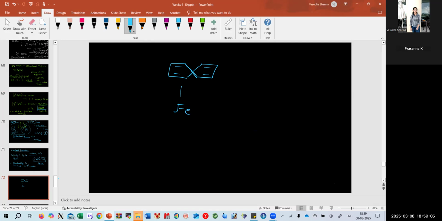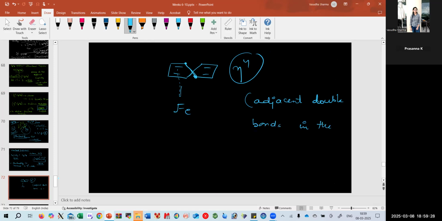This is butadiene, and you can expect your binding like this way. So this is an eta 4 substitution. Now whatever the adjacent double bonds are there in the coordinated eta 4 system, they undergo rapid exchange, as I said, which is your fluxionality behavior.